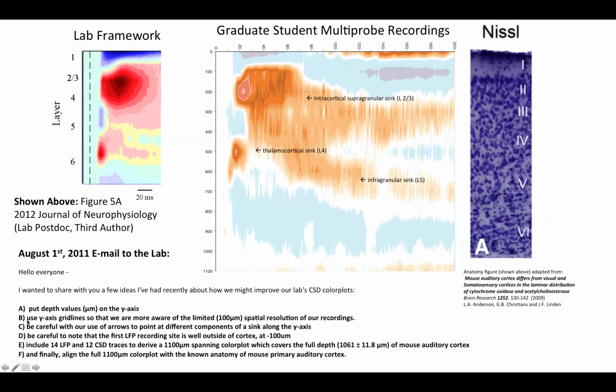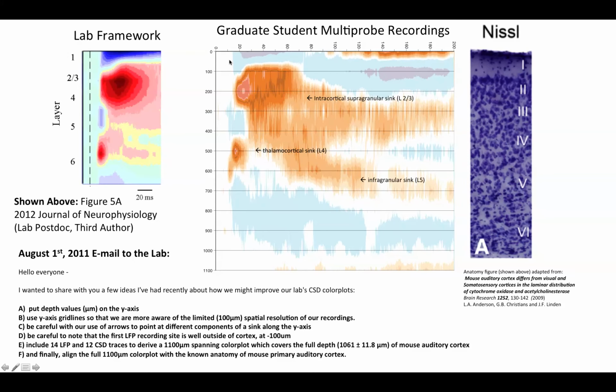And my second suggestion is that we should put y-axis grid lines so that we're aware of the limited spatial resolution of our recordings, since we only have a sample every 100 microns. So those grid lines would look like this. I thought it would be a good idea to put these grid lines on here so that we really know what cortical depths these are at. We know that this is a sink at 500 microns in the middle layers. We know that this is at a depth of 200 microns, which is very superficial.